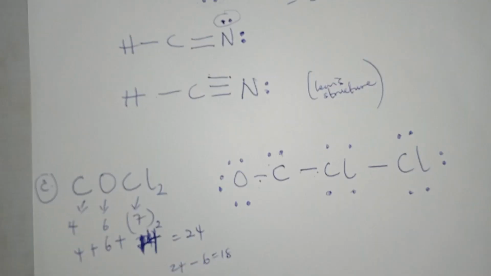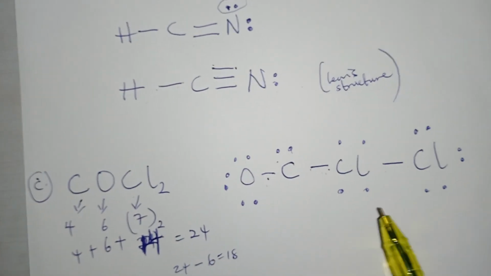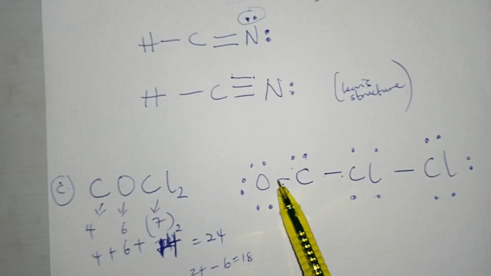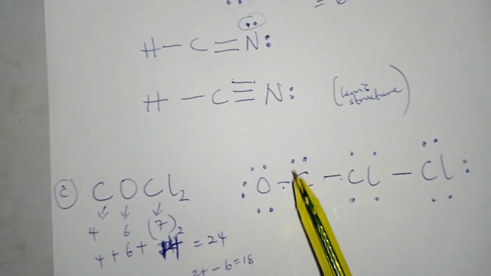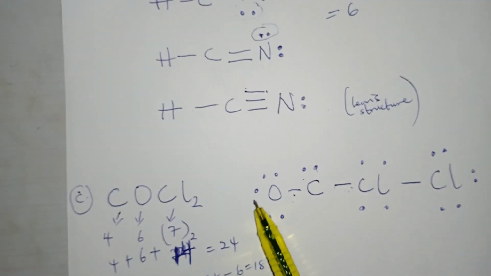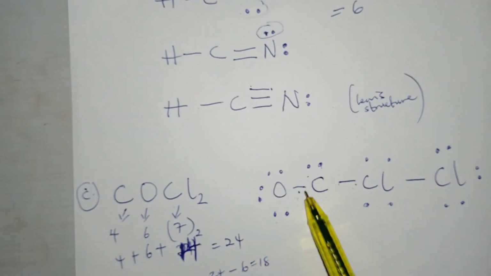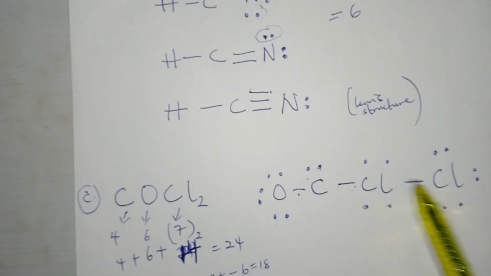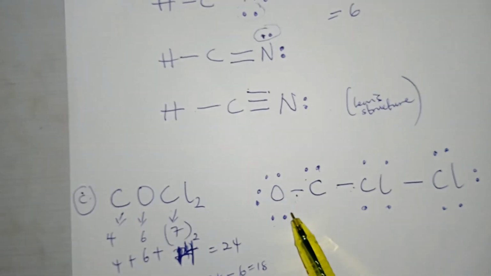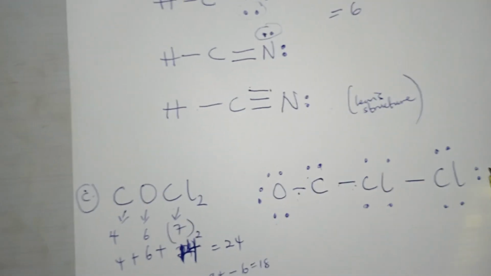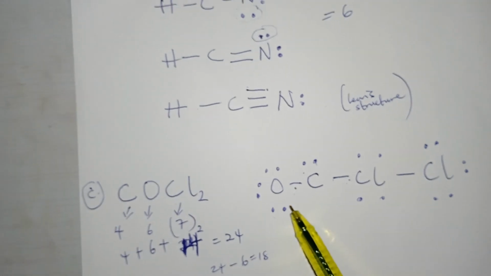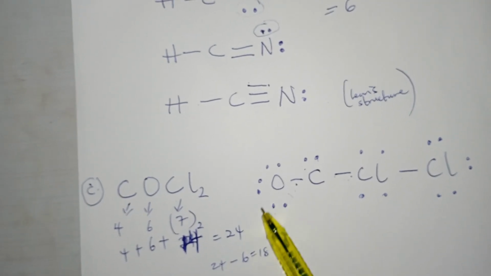Now that we are through with distributing, you notice that the two chlorines are balanced, but carbon is not balanced. It has 1 2 3 4 5 6. Oxygen is balanced. It has 2, 1 2 3 4 5 6 7 8. I told you, after distributing the remaining electrons, if an atom is not balanced, carry a lone pair.